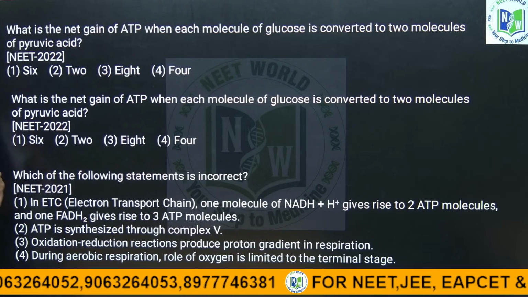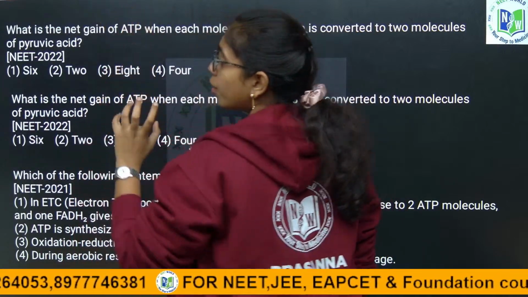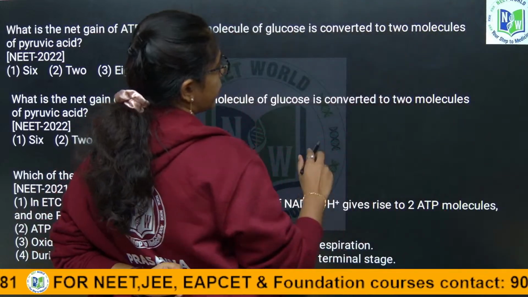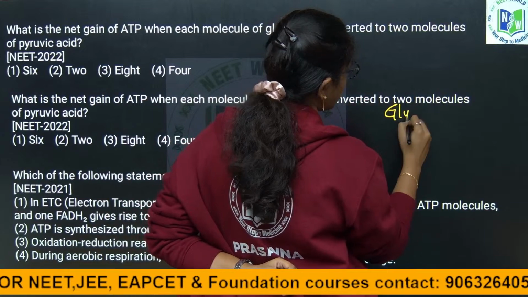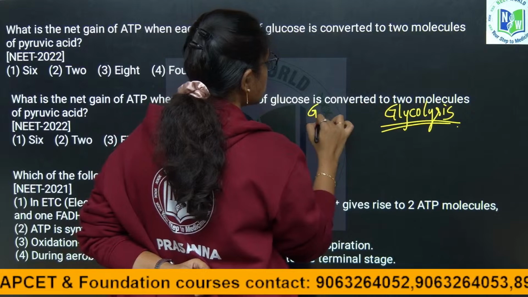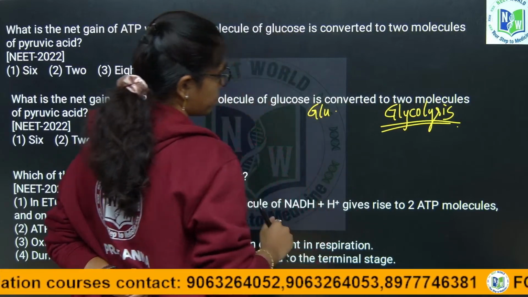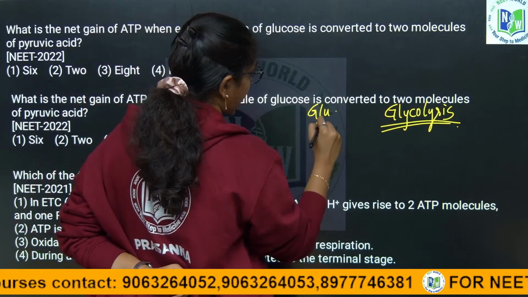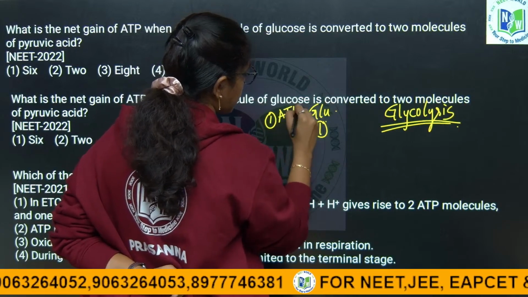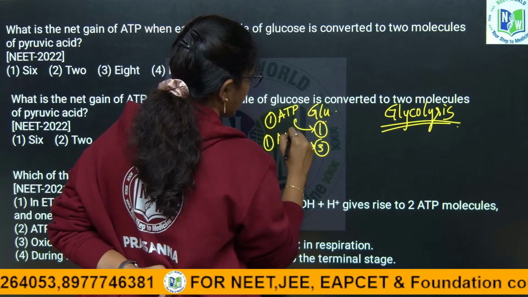And then, what is the net ATP when each molecule of glucose is converted to 2 molecules of pyruvic acid? Look carefully: in glycolysis, glucose undergoes 10 successive biochemical reactions. At the first step, 1 molecule of ATP is utilized. At the third step, again 1 molecule of ATP is utilized.